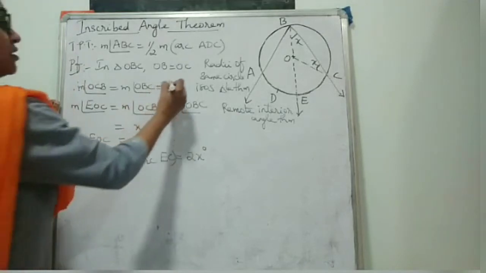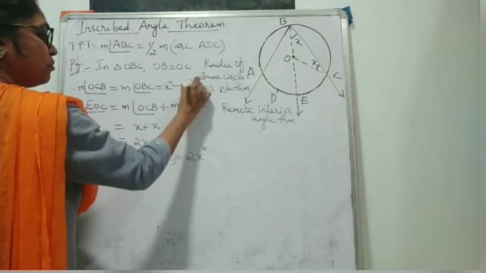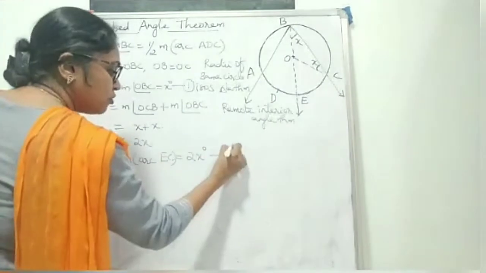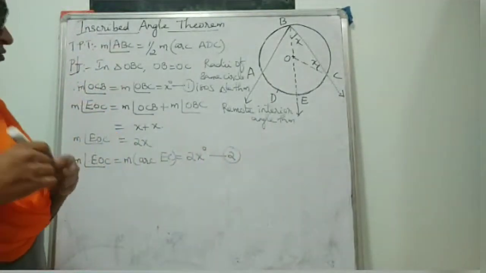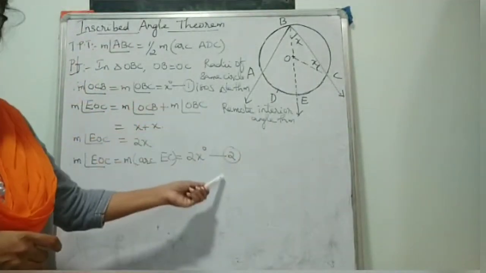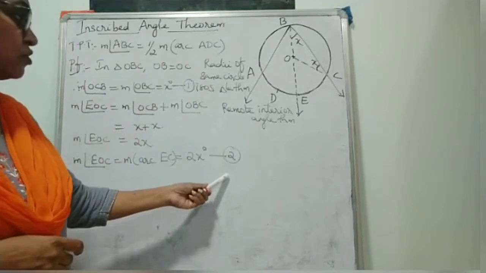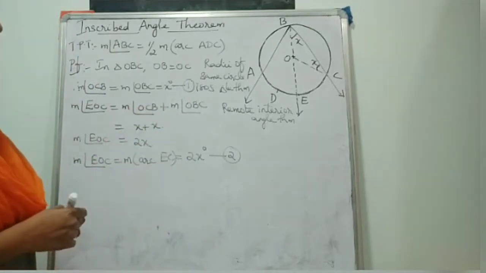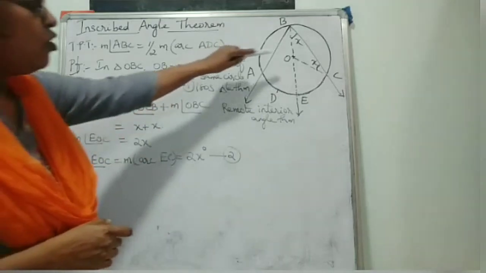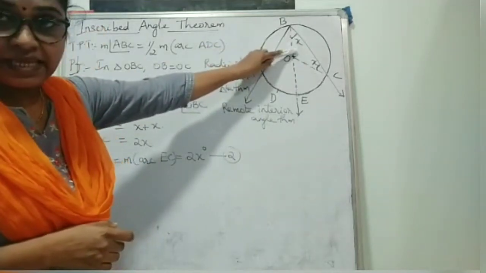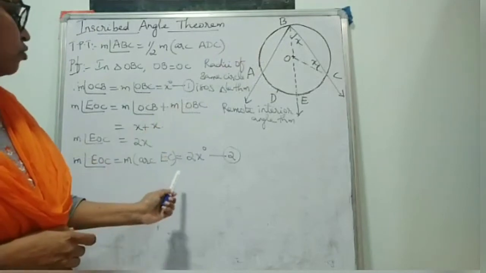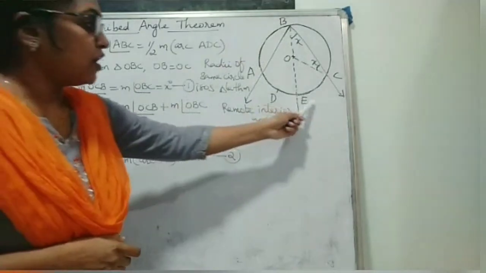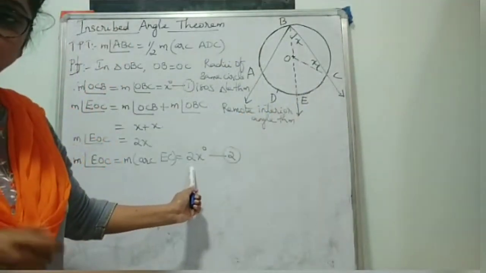Now let me mark this as equation number 1 and this as equation number 2. If you observe equations 1 and 2, you can find a relation between the angle and the arc. The measure of angle OBC, which was X, is equal to half the measure of arc EC because it is equal to 2X.